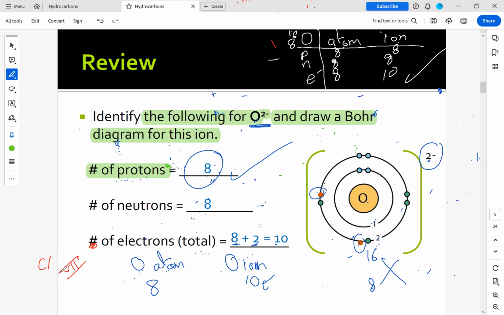If I am going to draw it, how many electrons in the outermost shell? 17. No, 7. Oh, yeah, sorry, 7. So what is the charge of it? -1.